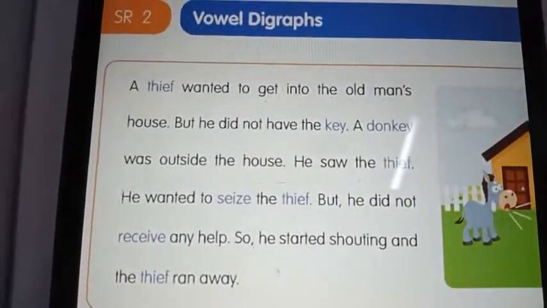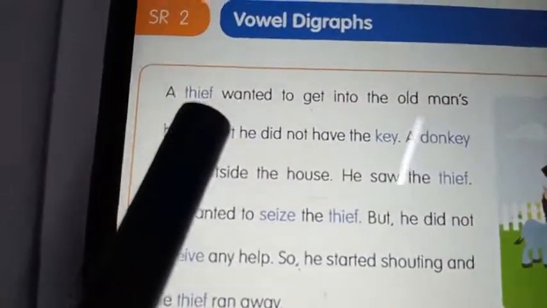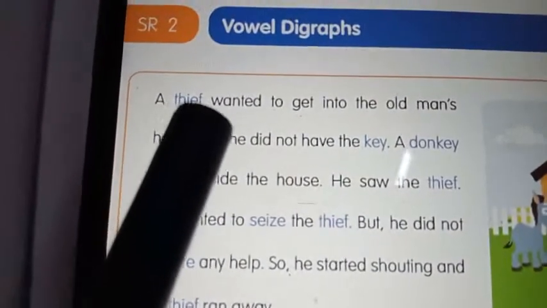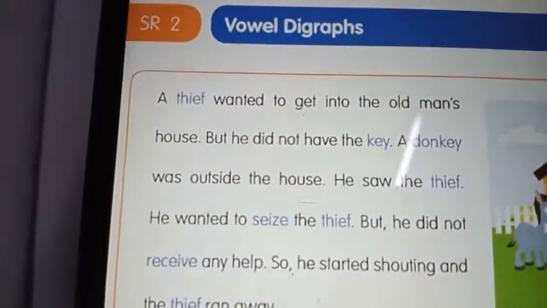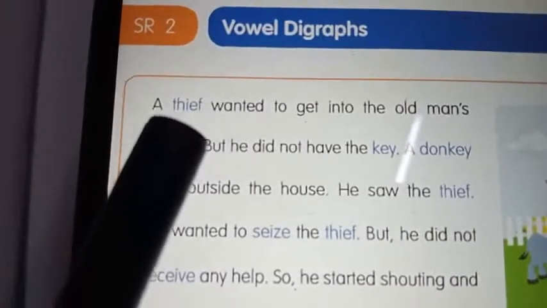See that? This is the vowel digraph. Once again, here we have blue letter words. These are all the vowel digraph words. I will read those words only. You also read along with me.